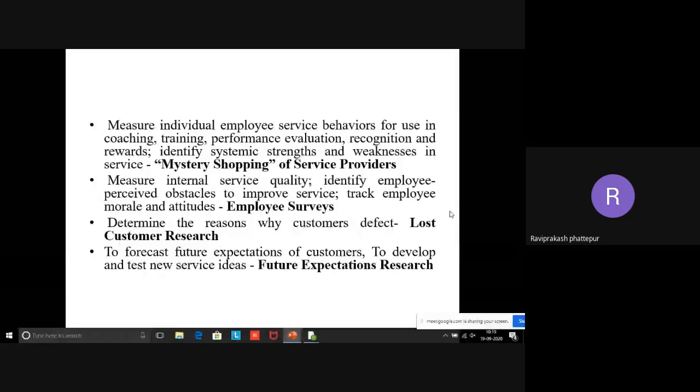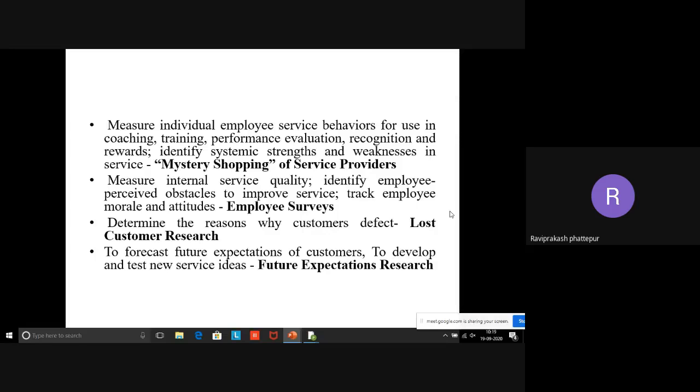Next is measure individual employee service behaviors for use in coaching, training, performance evaluation, recognition and rewards. Identify systemic strengths and weaknesses in service. This is also known as mystery shopping of service providers.